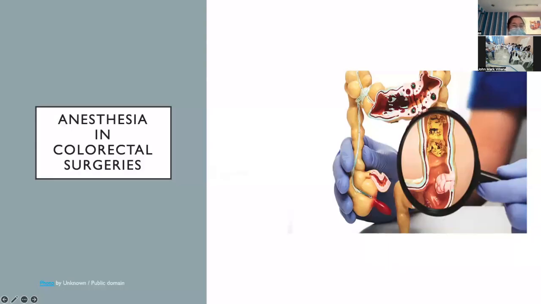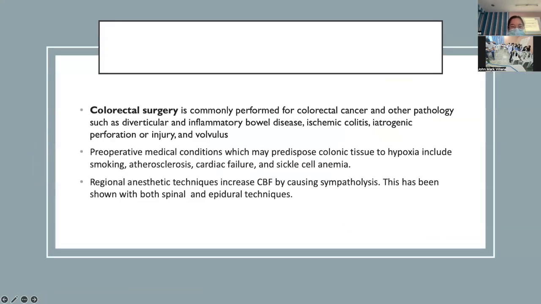So, for anesthesia in colorectal surgeries, the rest are mostly anesthetic techniques for cholecystectomy using the same journal code. Colorectal surgery is commonly performed for colorectal cancers and other pathologies such as diverticular and inflammatory bowel disease, colitis, iatrogenic perforation, and volvulus.